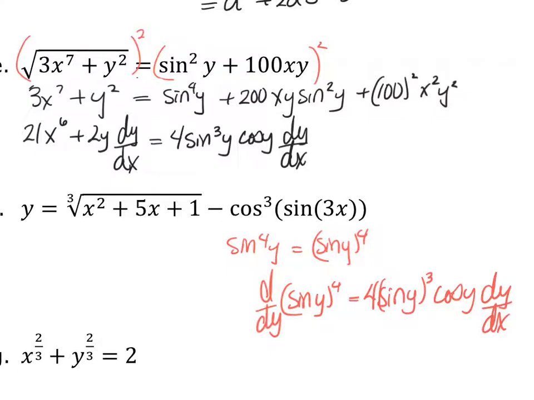So this is the derivative d dx of the sine y, and this is the derivative of my angle. Those are all the pieces that happened. So it's just exponent, inner function, and angle. And then I wrote it as sine cubed instead of sine y cubed. You can write it however you want, though. It doesn't matter how you write it. Any other questions before we keep moving on?